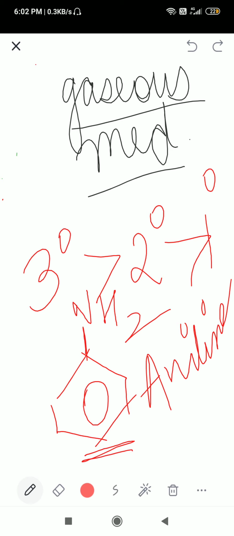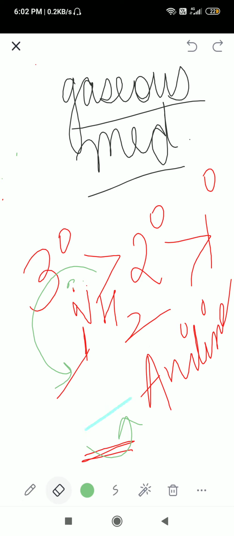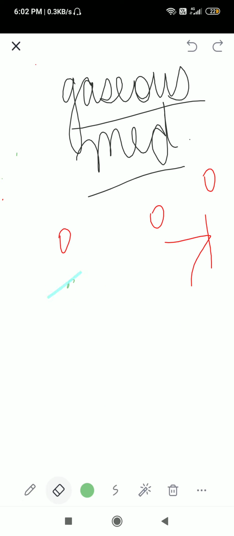The lone pair of the nitrogen takes part in the resonance, so nitrogen will not be able to give the lone pair, and it will not give any basicity. In almost all cases, the aromatic amines are less basic and the aliphatic amines are more basic.